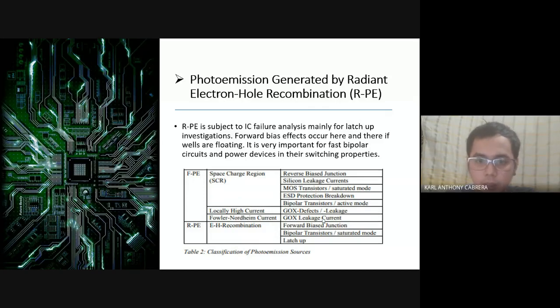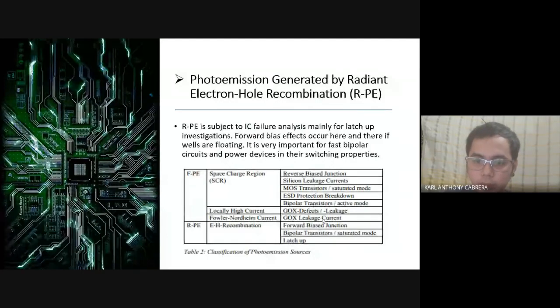Kung makikita natin, nasa FPE yung space charge region natin. Nandito yung reverse bias junction, silicon leakage currents, MOS transistors in saturated mode, ESD protection breakdown, and yung bipolar transistors in active mode. Nasa FPE din yung locally high current tsaka yung Fowler-Nordheim current.